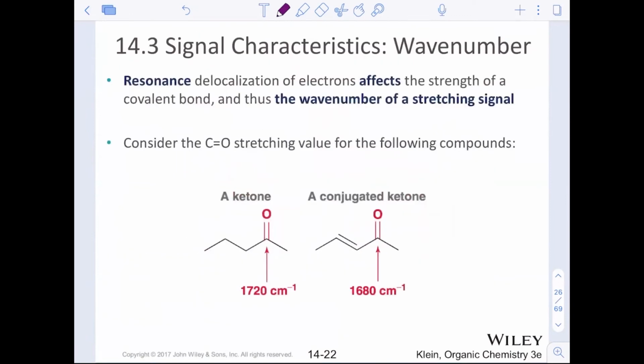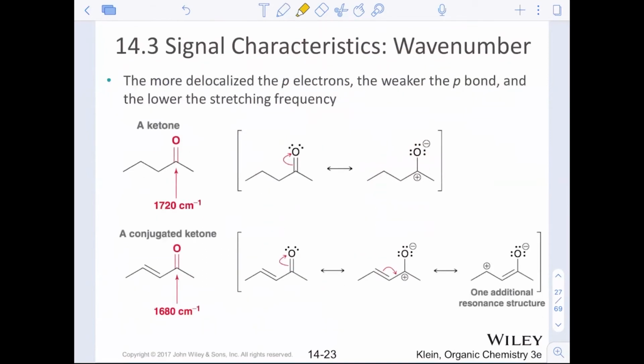Resonance, what does resonance do? Well, again, with resonance, what actually happens is it lowers the wave number, right? So when we're looking at these two wave numbers, a ketone versus a conjugated ketone, what's the difference here? Great question. Resonance makes the bond a little weaker, the pi bond, right?